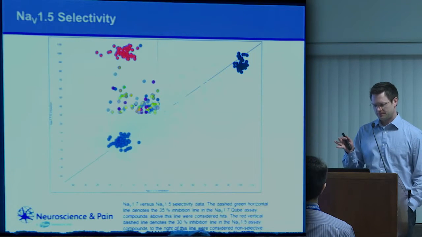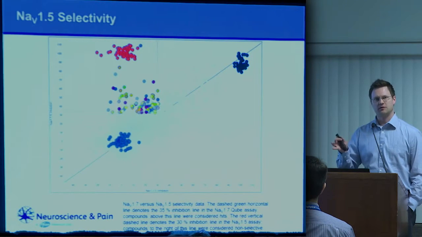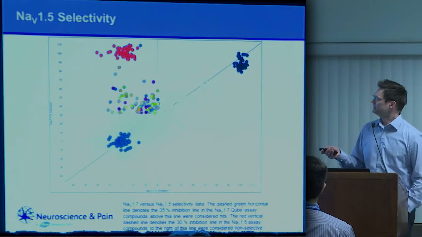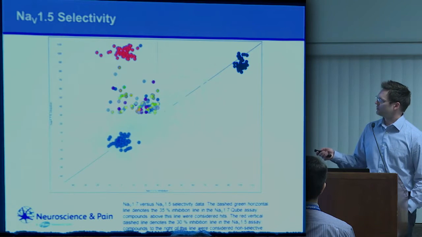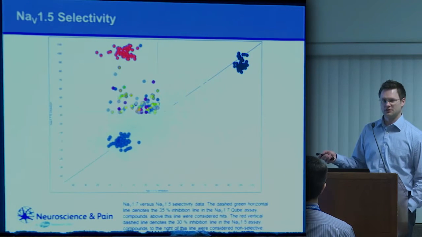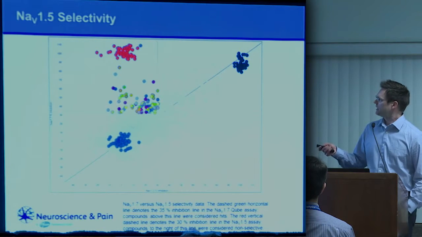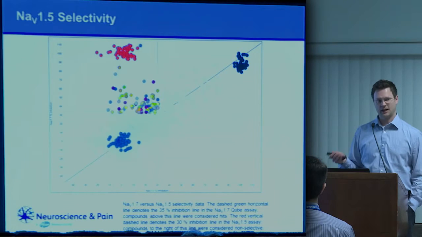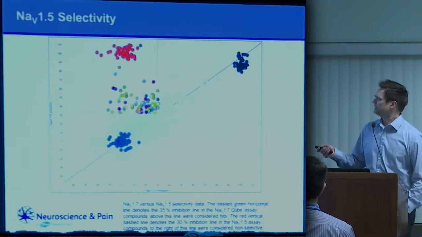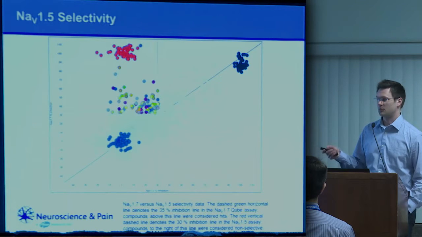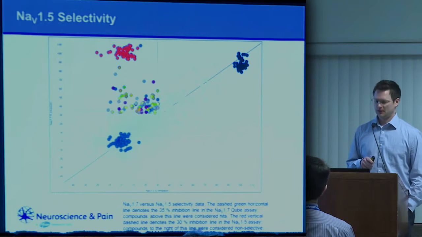So we took those hits, we tested them against Nav 1.5 and Nav 1.7 on the same day. And anything above the green line, we would consider a Nav 1.7 hit. Anything to the left of the red line, we would consider inactive against Nav 1.5. So we had this cluster of compounds here, which appeared Nav 1.5 selective.